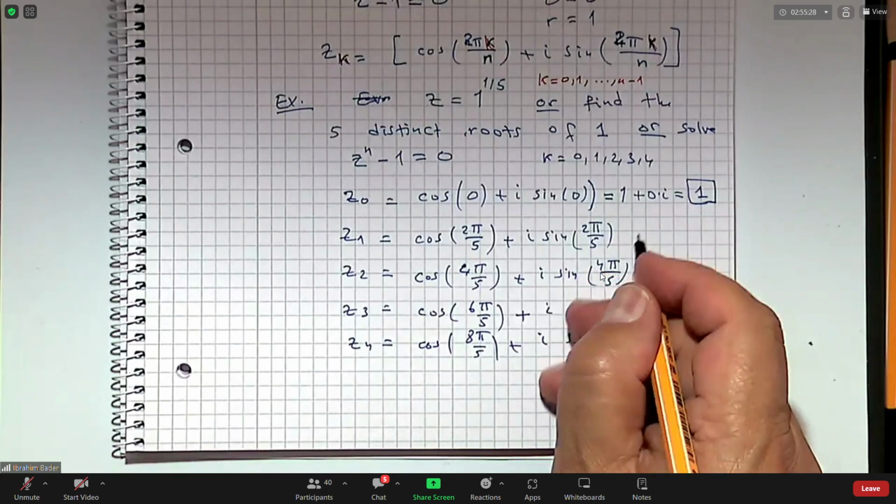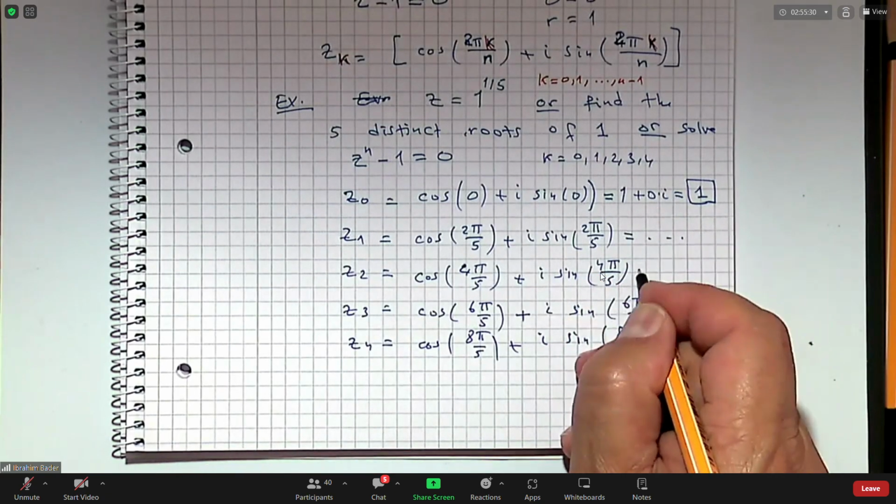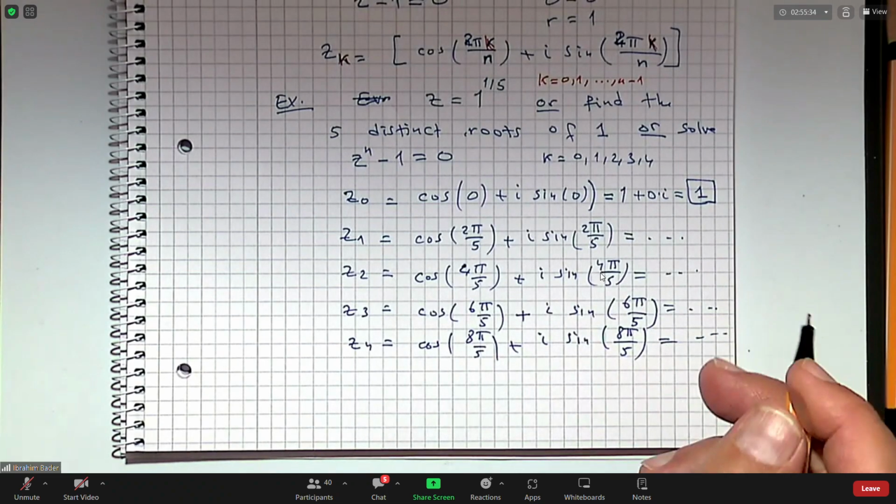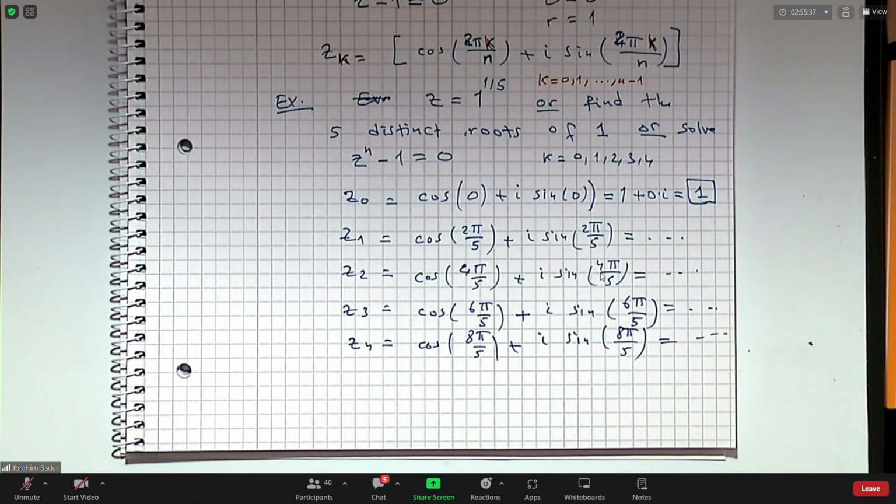So you can go further and evaluate this either in degrees or in pi. Then you will have four coordinates. Now the thing here is that, as I told you, forget about the real root here.